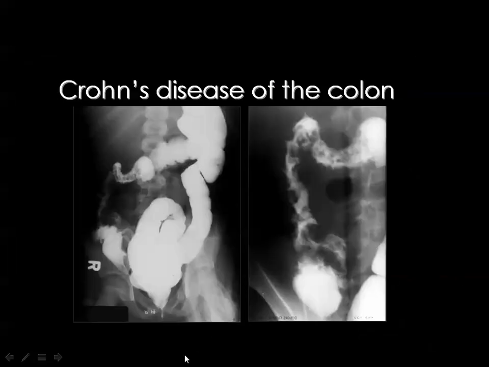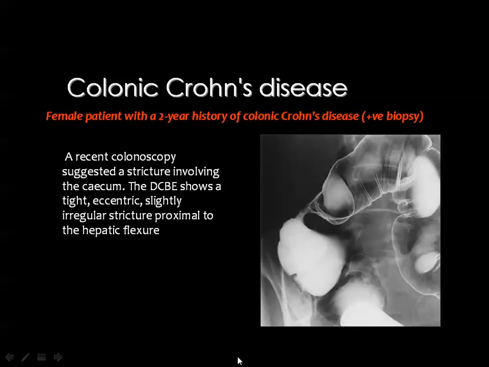Then Crohn's disease usually affects the ascending colon, and you can see the appearance of multiple filling defects representing the pseudopolyps, as well as significant narrowing of the bowel lumen.